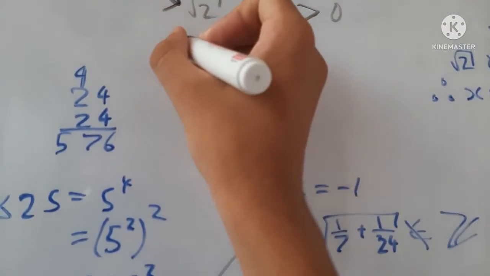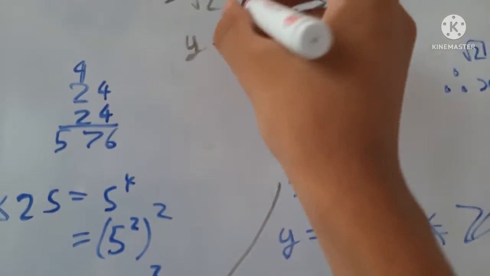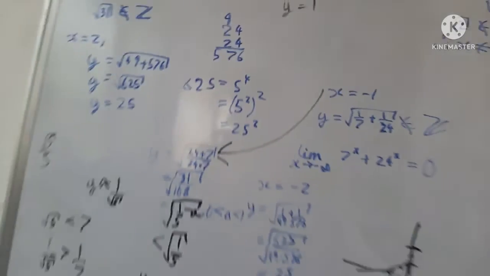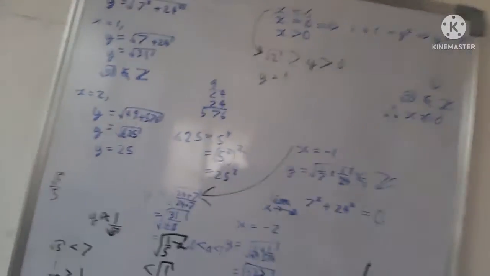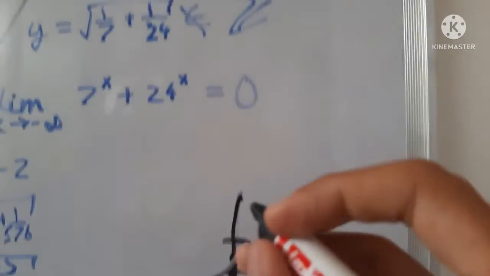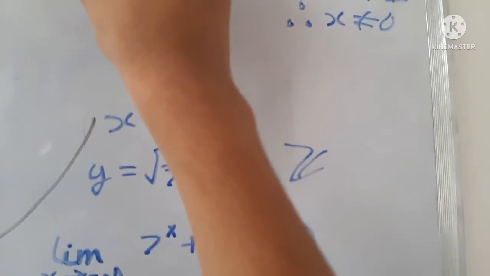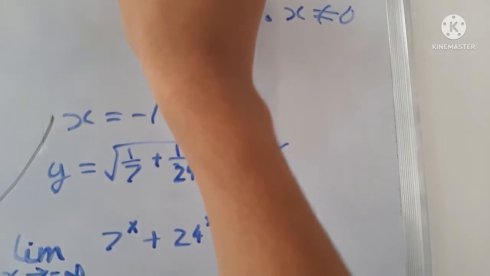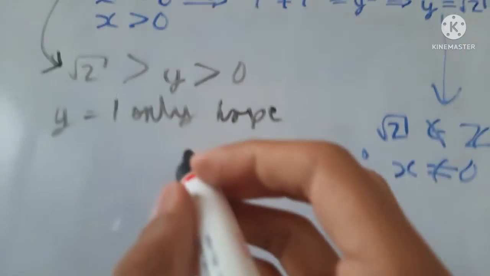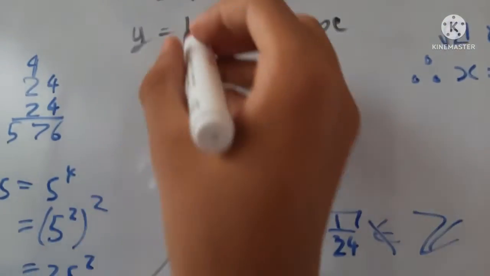Closest integer, y equals 1. Can we solve for y equals 1? Well, I guess we can try, but I'm pretty sure x won't be an integer. Only hope. Yeah, y equals 1, only hope.